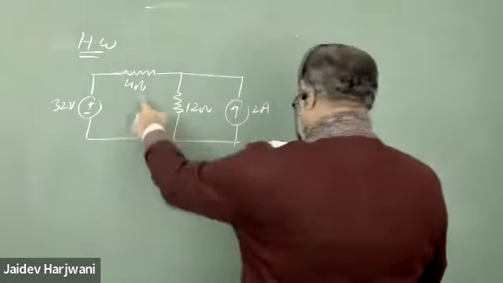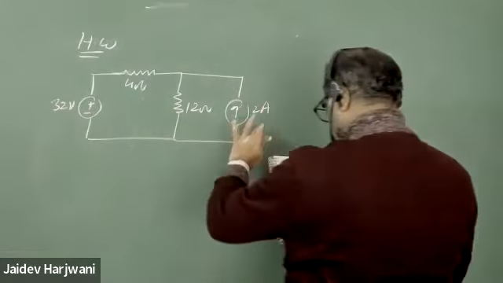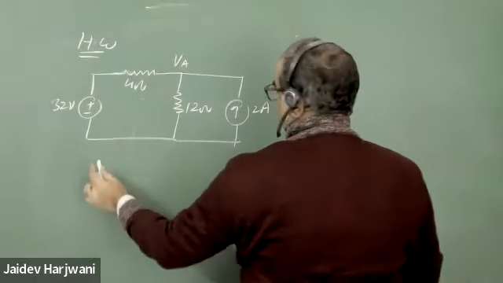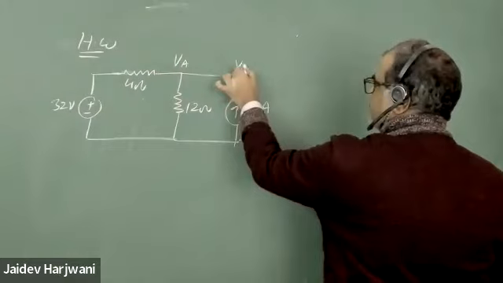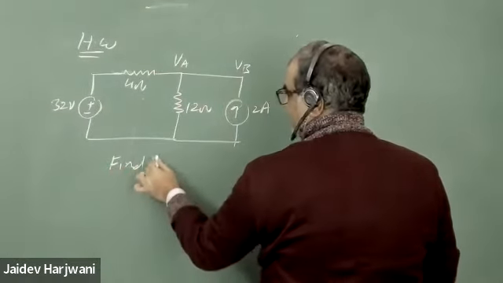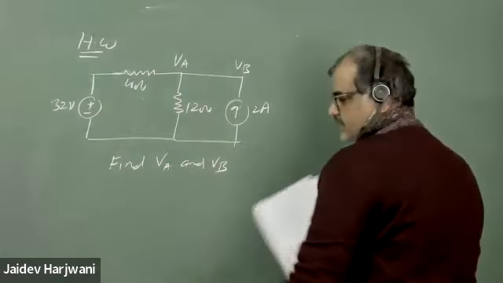So 4 ohm, 12 ohm, 32 volts battery, 2 ampere current. Okay, so say this is VA. Okay, so VA and say this is VB. So find VA and VB.